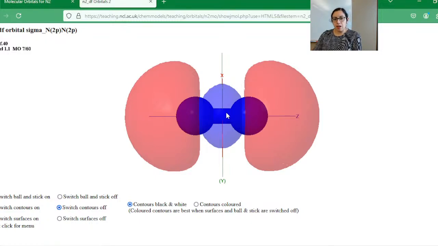We're seeing a small ball in the center. Even though it's formally bonding, you can see we have this sphere between the two showing our bonding. But we've minimized that electron density here. So really, your electron density is going to be on the outside. That's what that's showing.